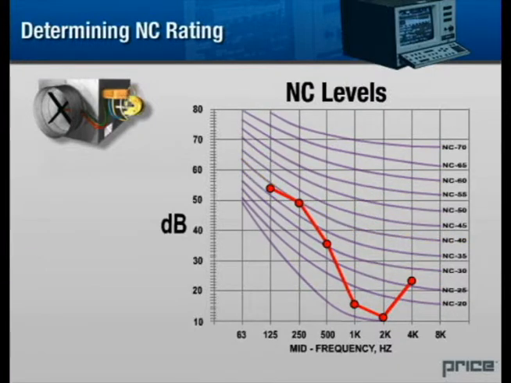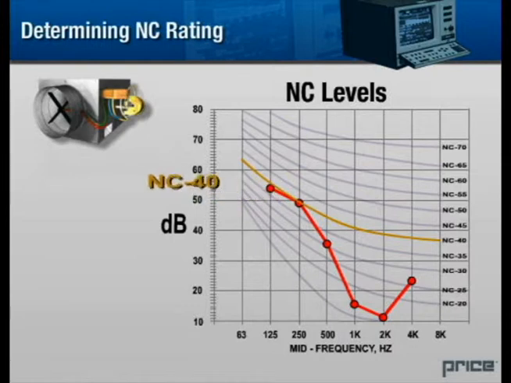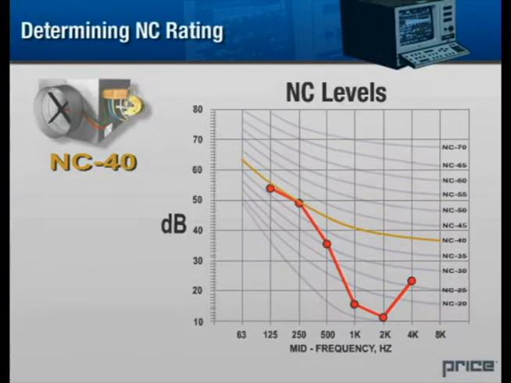The lowest NC curve under which all of the test data fits is considered to be the device's NC rating. An NC rating is a single number that represents the perceived sound level of a device and is commonly used to rate noise levels of air distribution products.